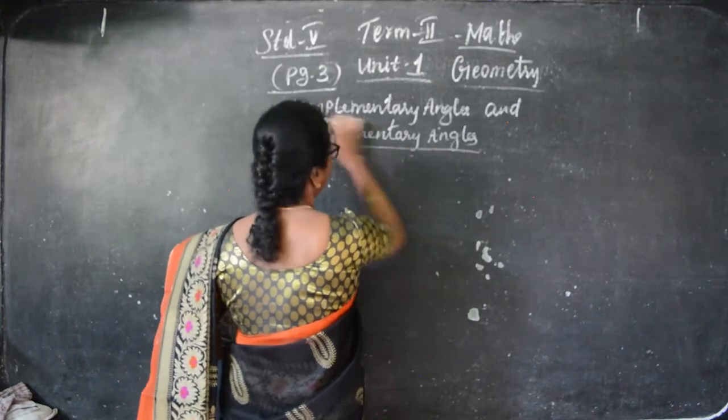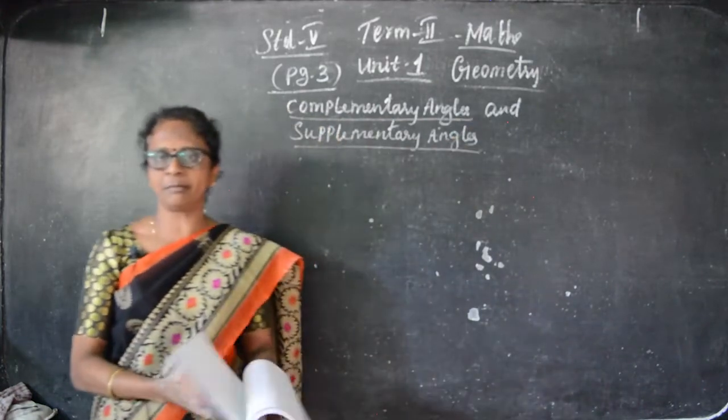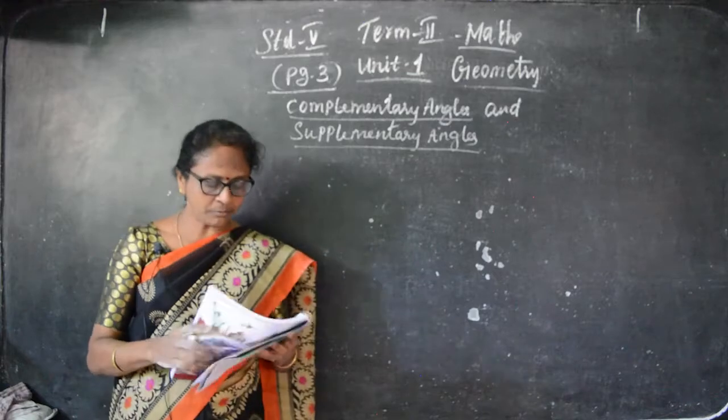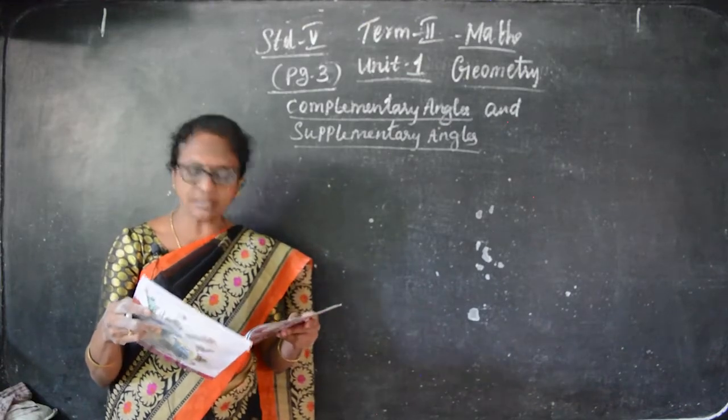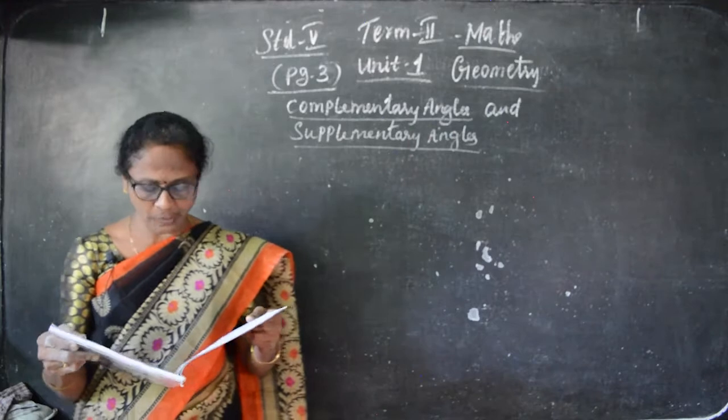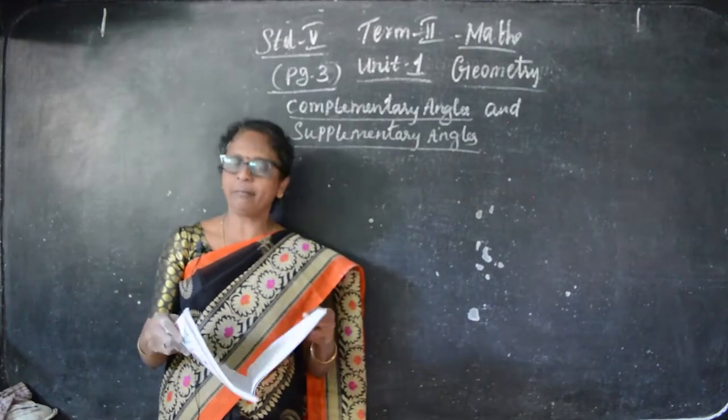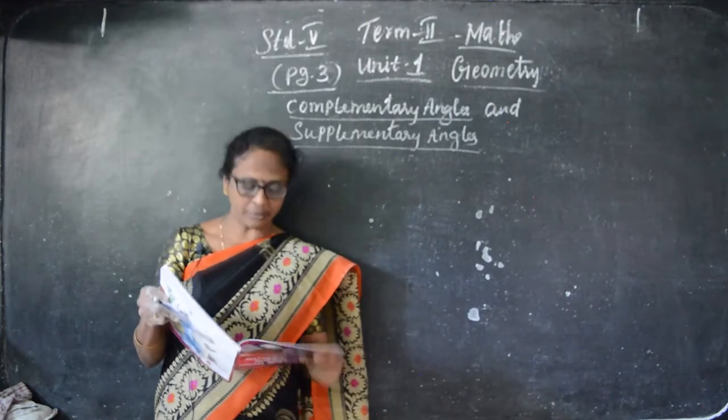You are going to see the complementary angles and the supplementary angles. What do you mean by complementary angles? When the sum of the measures of two angles is 90 degrees, the pair of angles are called complementary angles.